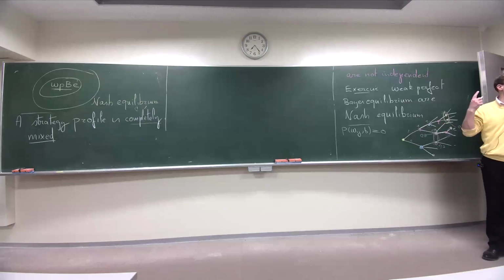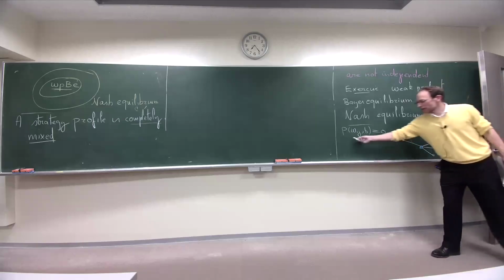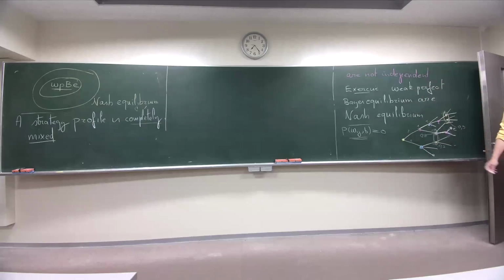And why is it interesting to have no 0? Because remember, if we have no 0 anywhere, then this condition will not be satisfied. Because if we have no 0, there will always be a probability to reach this set. So I will consider strategies where this condition is not satisfied.